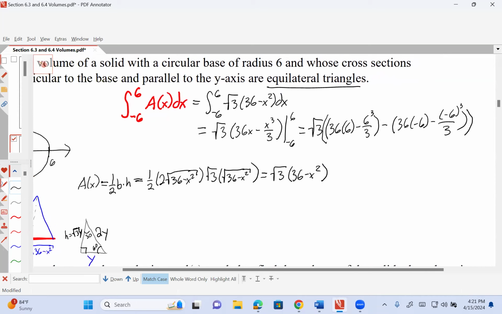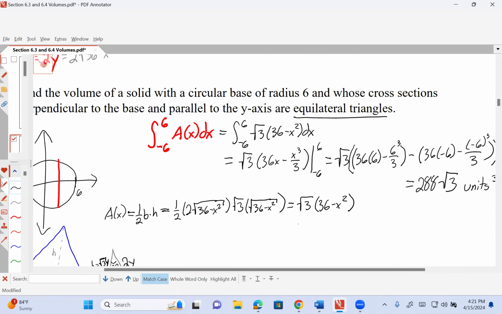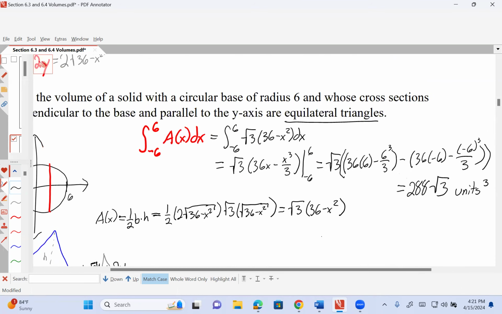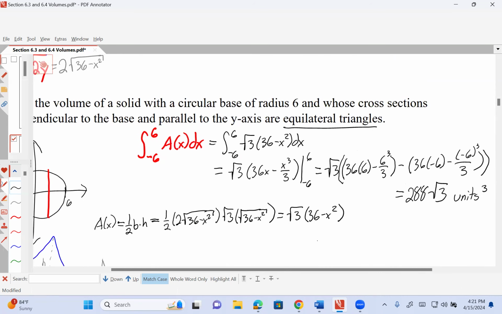And this whole expression simplifies down to 288 times the square root of 3. So the volume now, when our cross sections are equilateral triangles, is 288 times the square root of 3 units cubed.